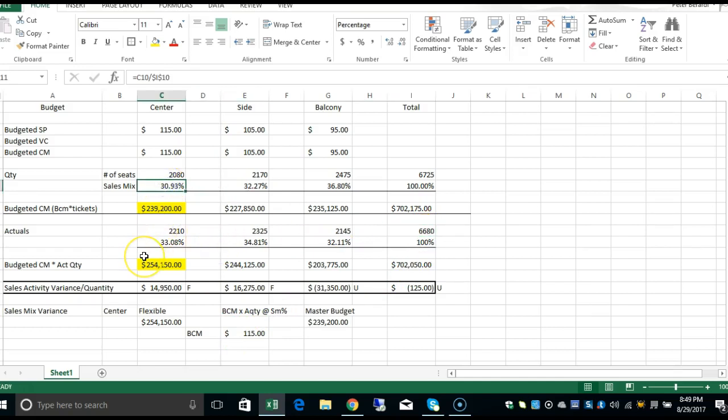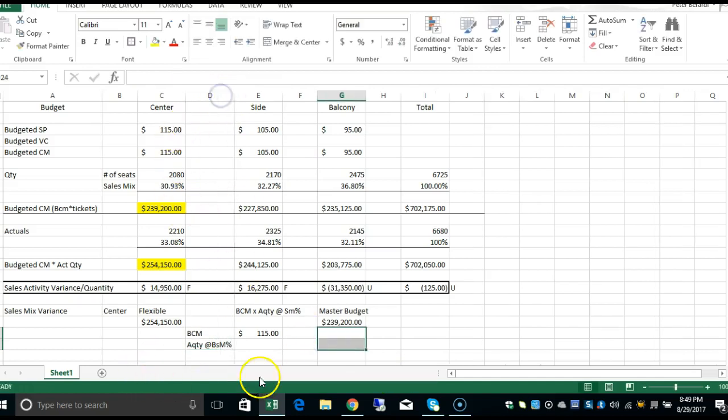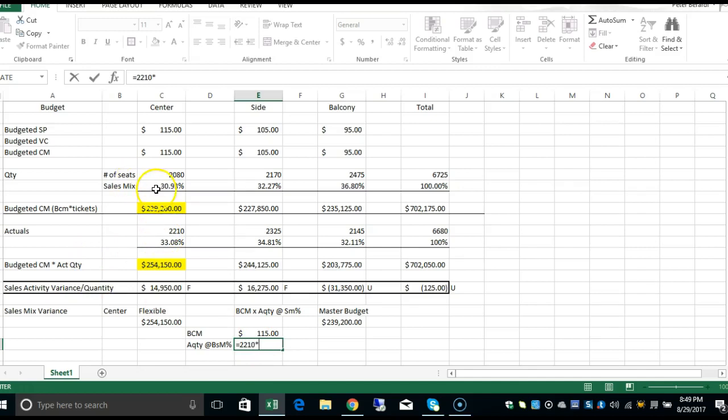However, what this column basically does, it converts the actuals to the percent of the sales mix budgeted. So in other words, the actual quantity at budgeted sales mix percent equals 2210 times sales mix budget.